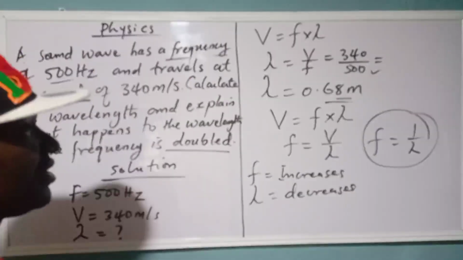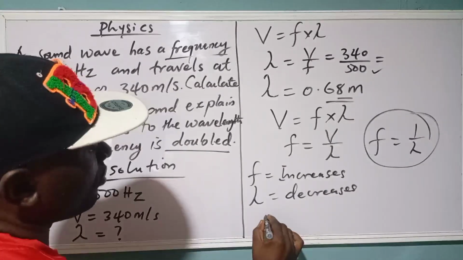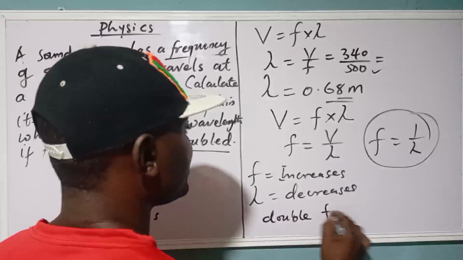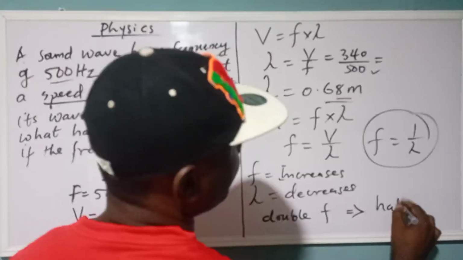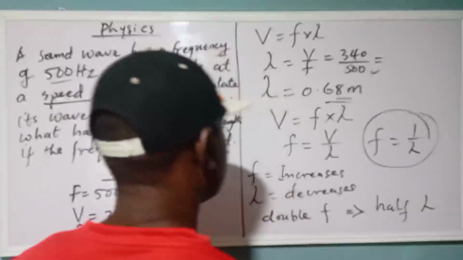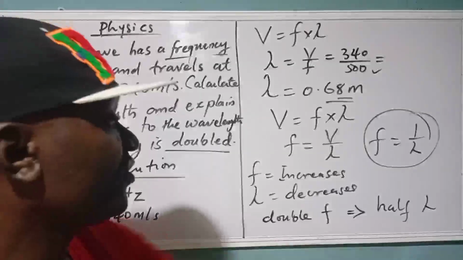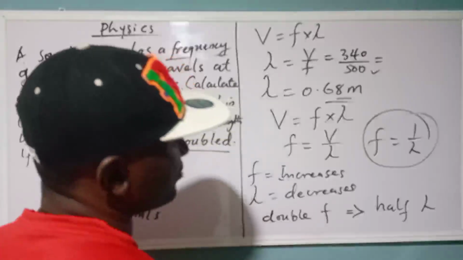But then there is a standard condition that says that when you double your frequency, you are going to have your wavelength halved. We have already established that as frequency increases, wavelength decreases, right?